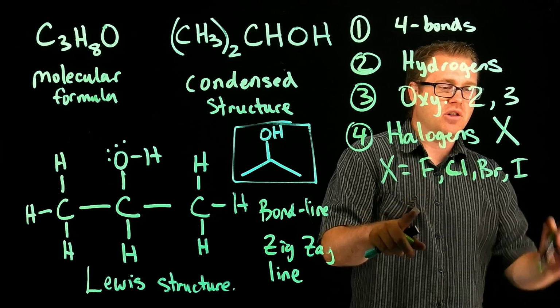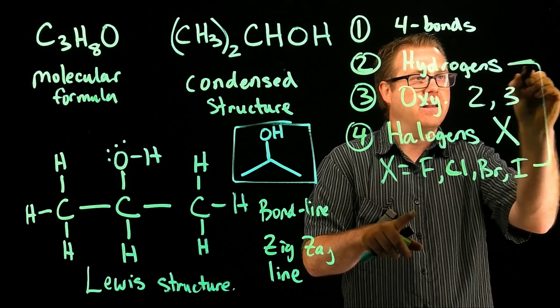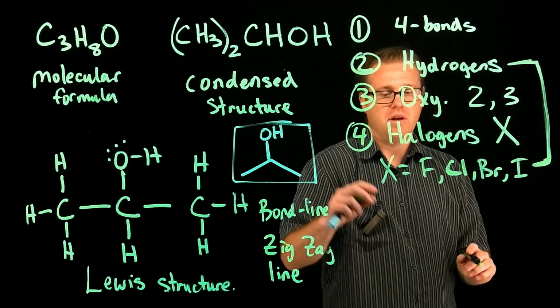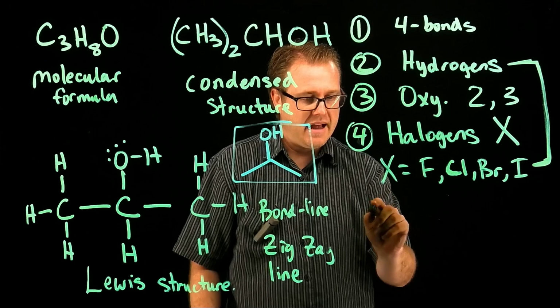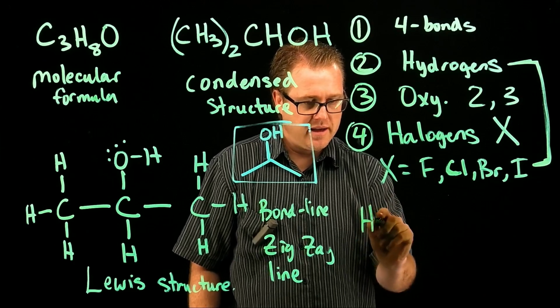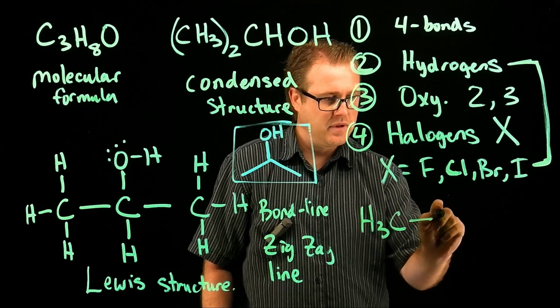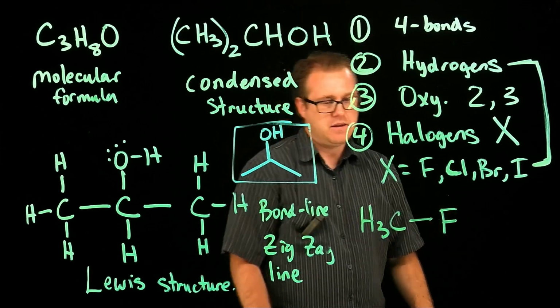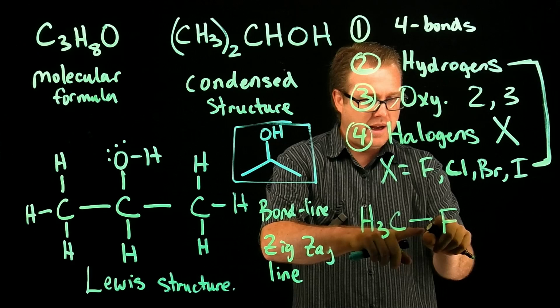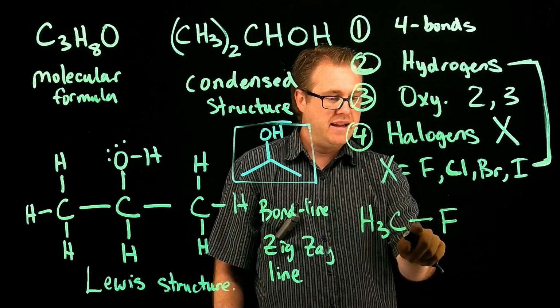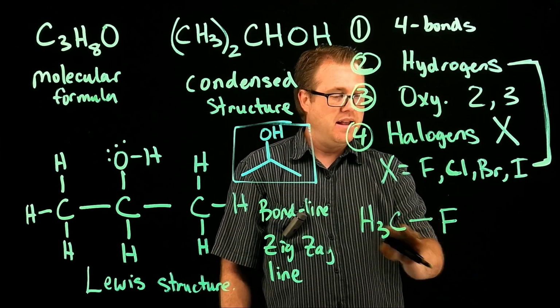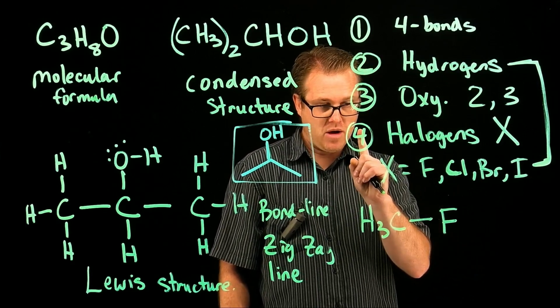Halogens also are like the hydrogen atoms: only 1 bond. If I had a molecule that looked like this, you see how fluorine is bonded to a carbon atom via a sigma bond. Only 1 bond.